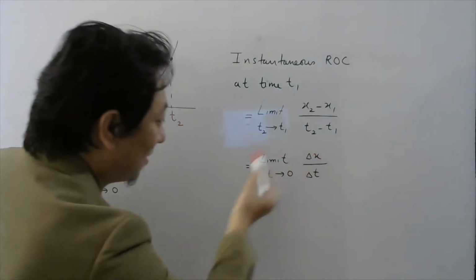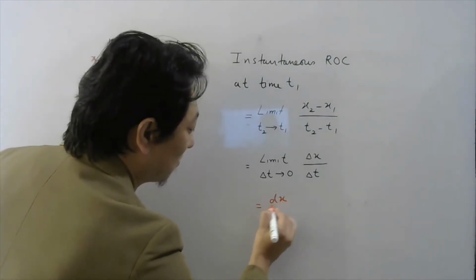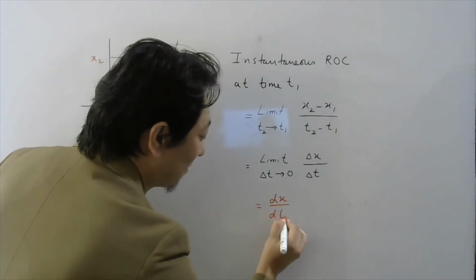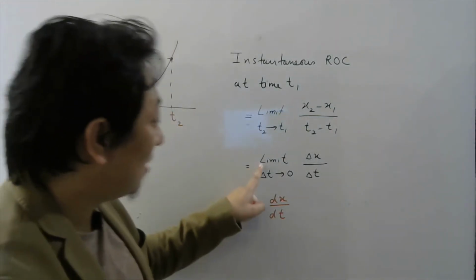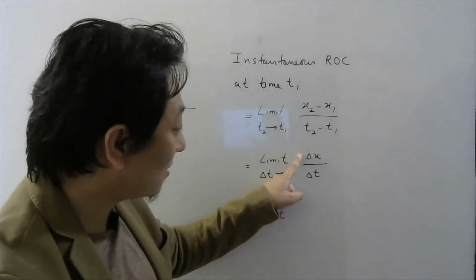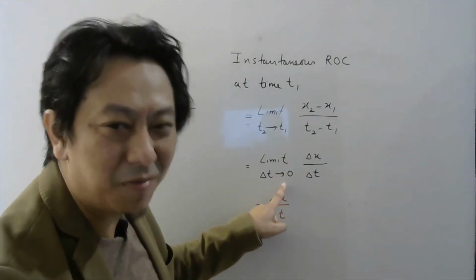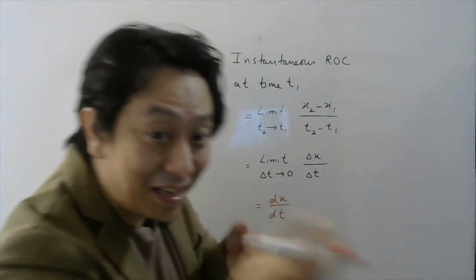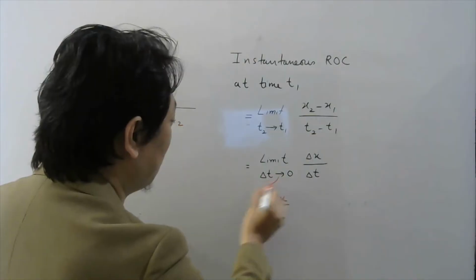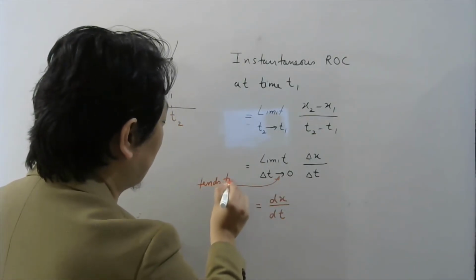Now this in mathematics we write as dx by dt. So dx by dt simply means the limit of delta x by delta t when delta t becomes very small, or you can say when delta t tends to 0. So this arrow would mean tends to 0.